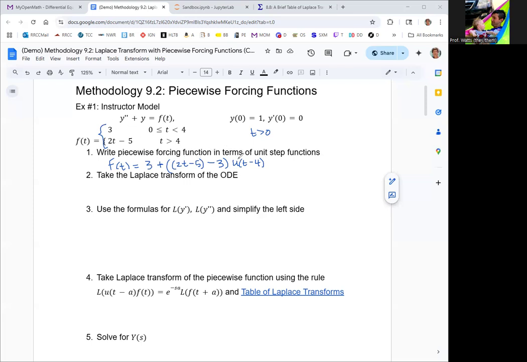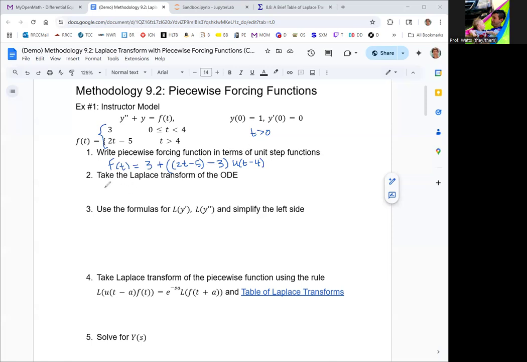If, however, you evaluate the function when t is greater than 4, the unit step function will be 1, and you'll have everything you see here, and the 3 and the negative 3 will add to 0, and you'll get the 2t minus 5, which is the second piece. So this is equivalent to the piecewise function, but written in a form that's more convenient for taking the Laplace transform. Now we can simplify that to 2t minus 8, but we'll just do that in the next step.